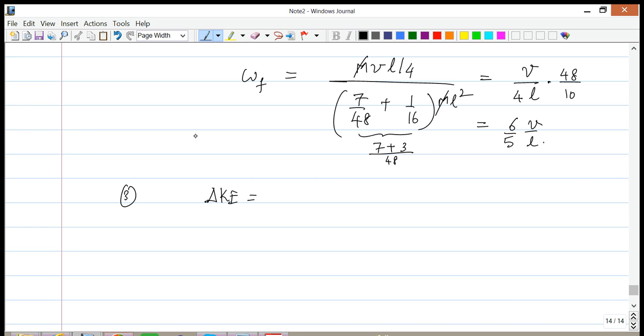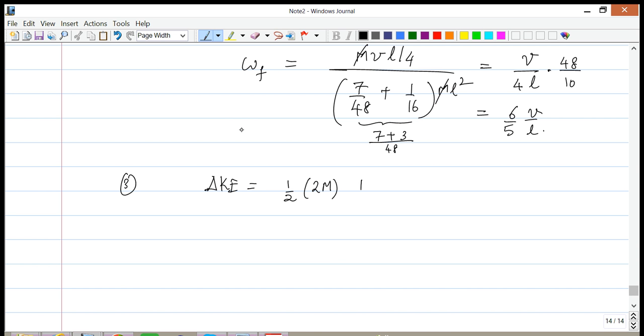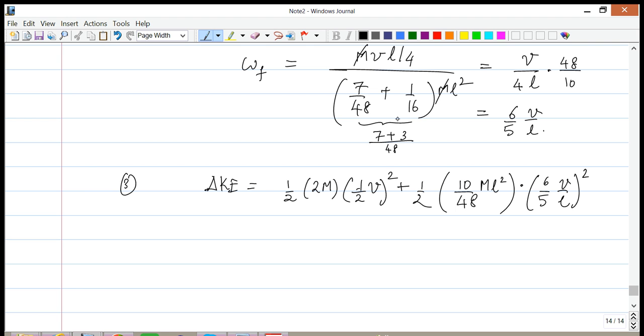Okay, and that would be equal to the KE final, and in the end it has, now remember, translational as well as rotational motion, so it will be equal to 1/2 times 2m times the v we found to be v over 2, squared, which is the final speed, plus 1/2 times I, and the I for the entire system is 10 over 48 m L squared, times 6 over 5 v over L, the whole square, minus 1/2 times m times v squared.